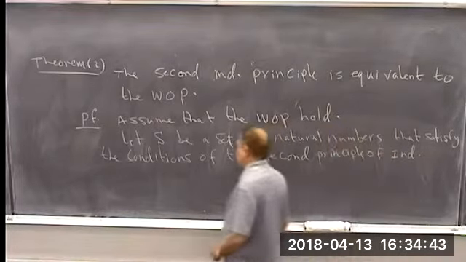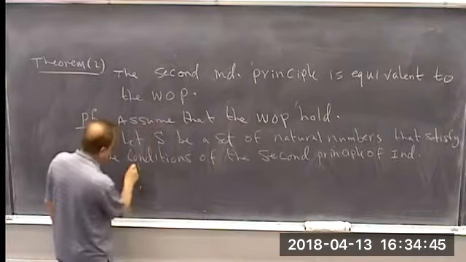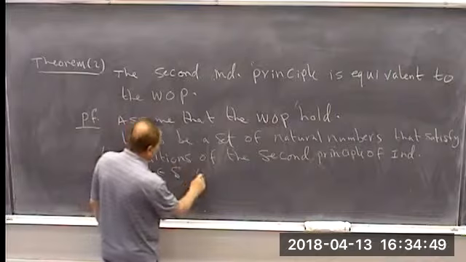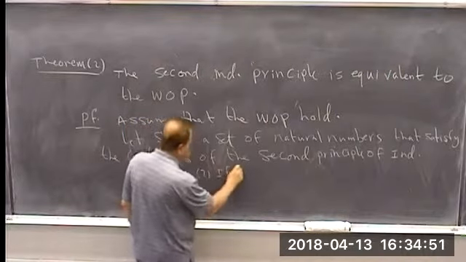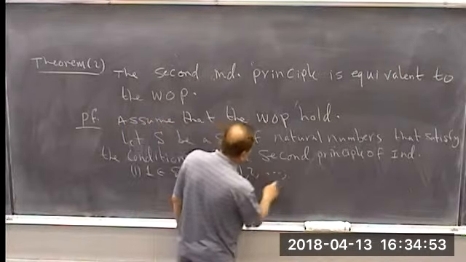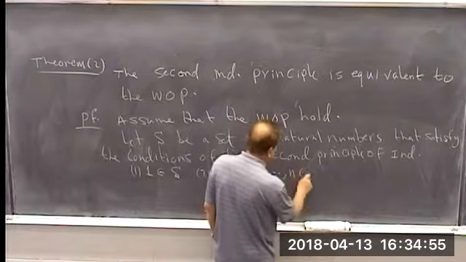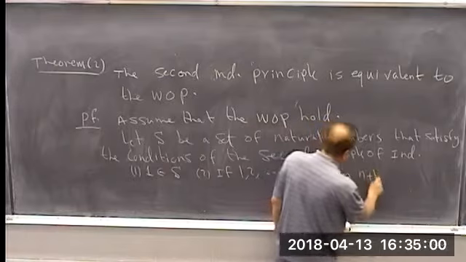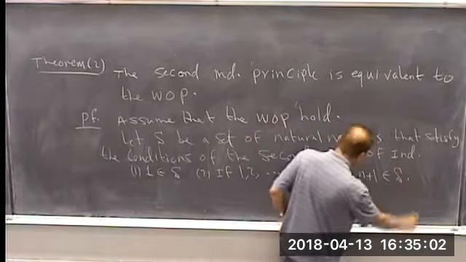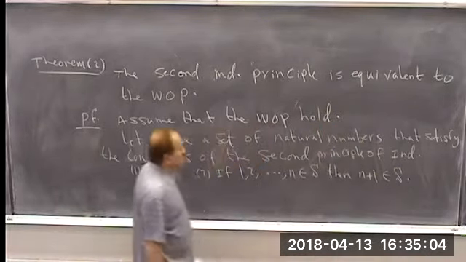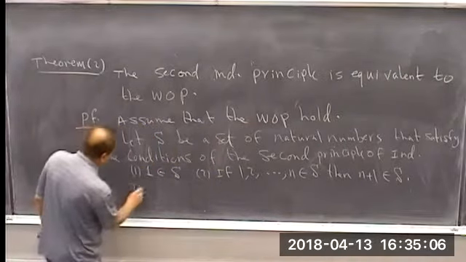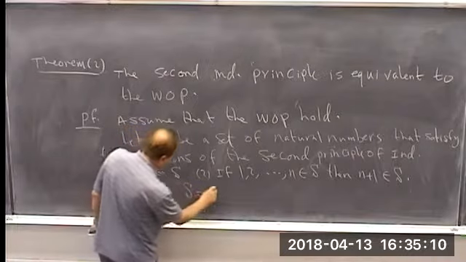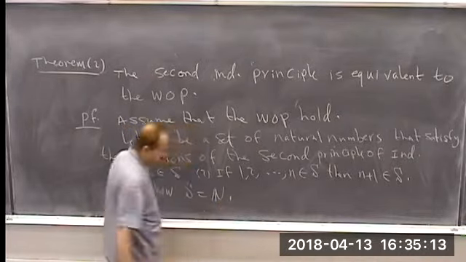Which means that, and these are: 1, one belongs to S; 2, if 1, 2, up to n is in S, then n plus 1 is in S. And we would like to show that this S is equal to all the natural numbers.